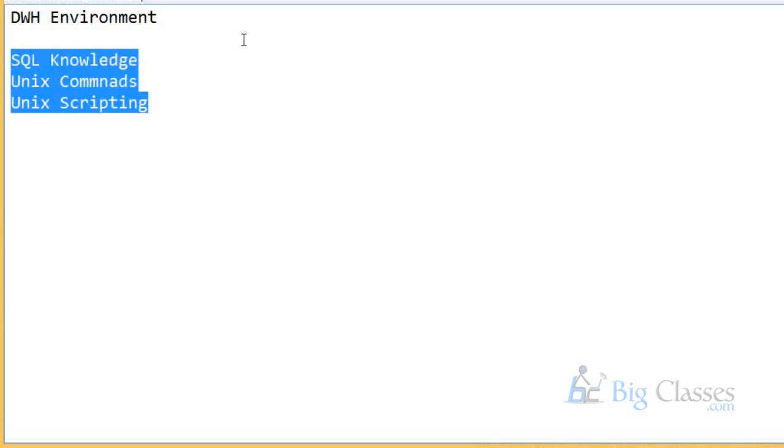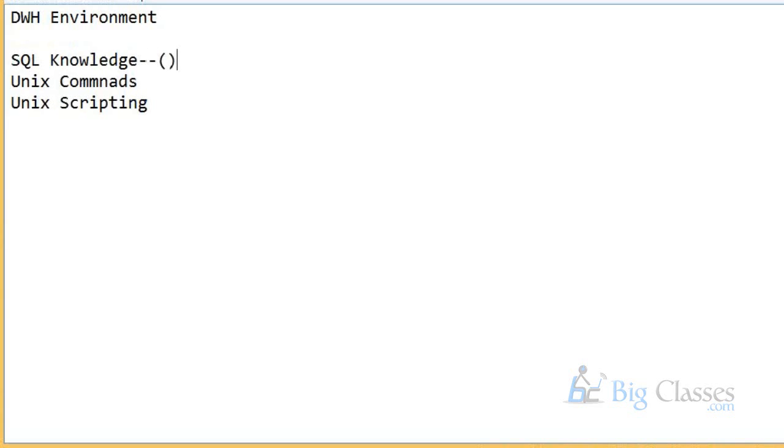SQL knowledge is a must. Any RDBMS knowledge will do, whether it is Oracle, SQL Server, or Teradata. Any RDBMS knowledge is required before you learn Informatica.